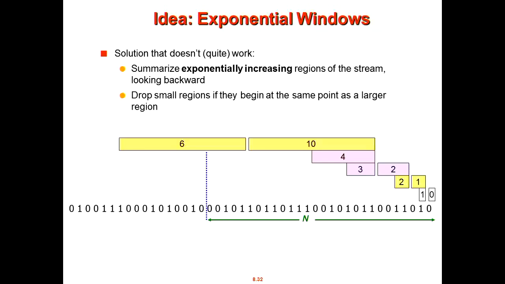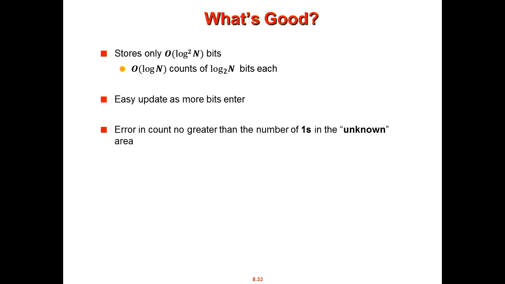By using exponentially increasing regions, we are able to store a summary of the data stream, and by using these regions we can answer the question approximately. But the problem is that we are storing regions covering a number of bits, so this does not have an error bound.